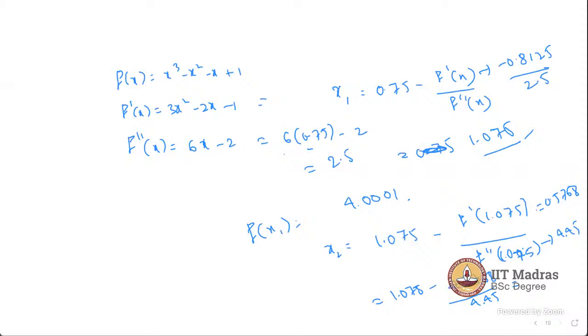So this value is 0.3168. So 0.3168 divided by 4.45 gives 0.00711, which is equal to 1.075 minus 0.0711.